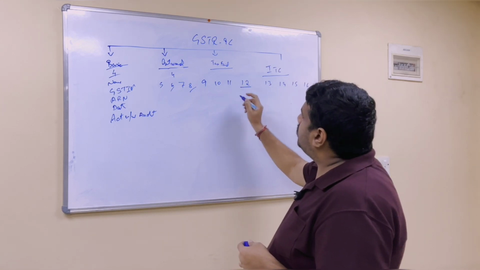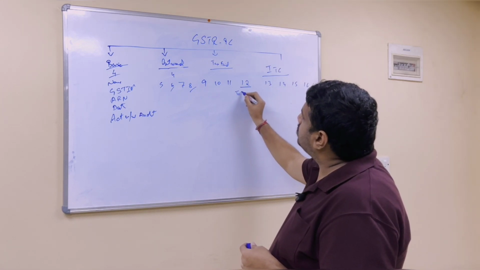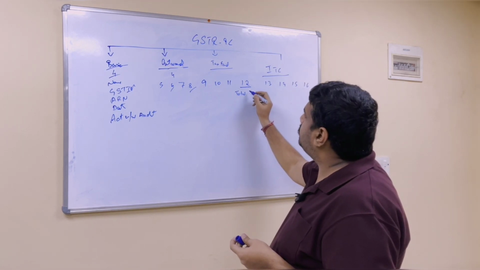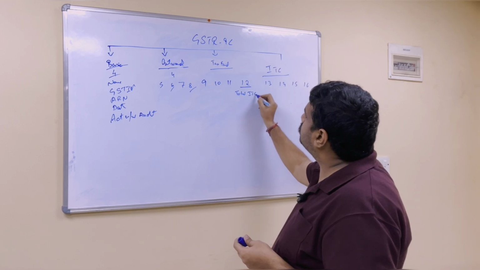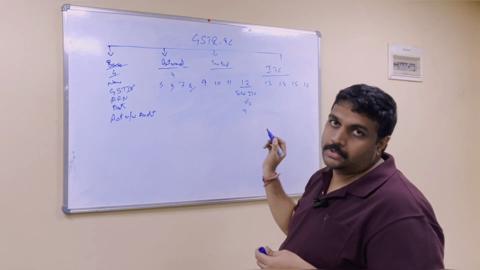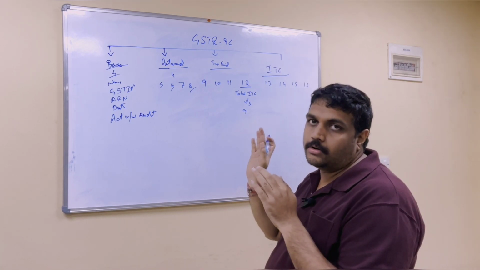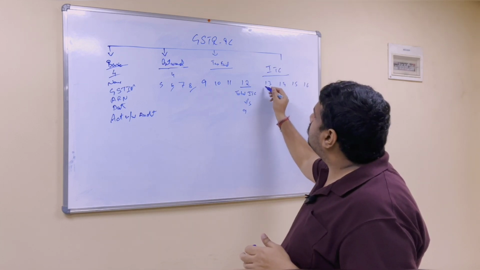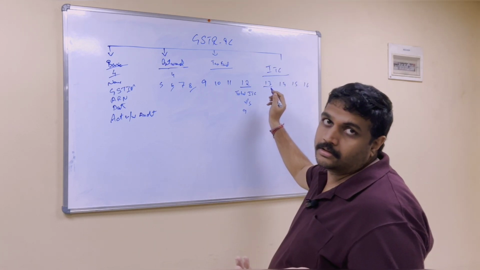So table 12 is total ITC irrespective of your rate or your type of tax. Total ITC as per books of account versus total ITC in GSTR 9. Total ITC claimed in books of account with difference of GSTR 9. 13 should be reasons.